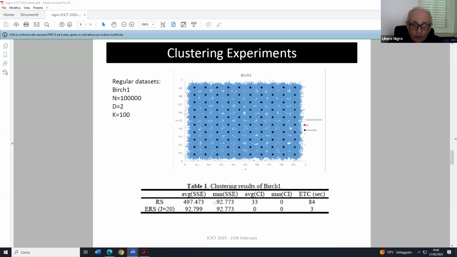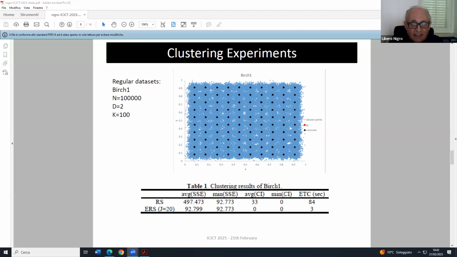What you can see from this table is that we achieve the minimal value of the centroid index, which is expected to be 0 for the solution to be correct, because a clustering solution with a centroid index of 0 is structurally correct.